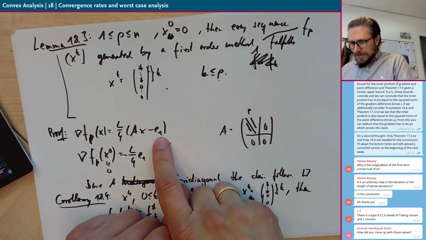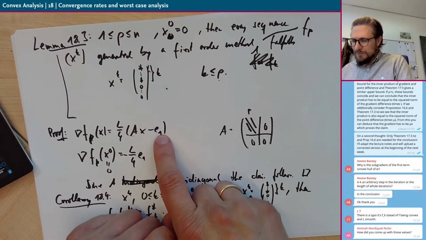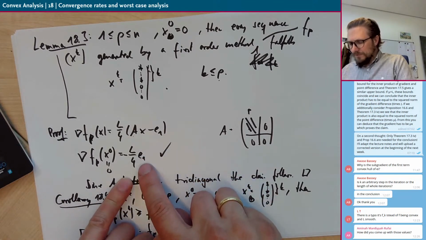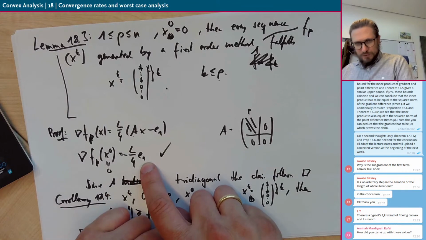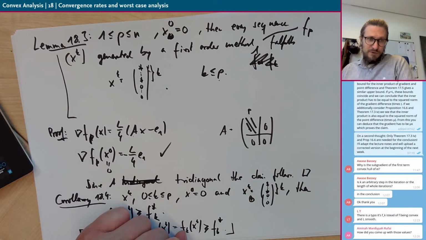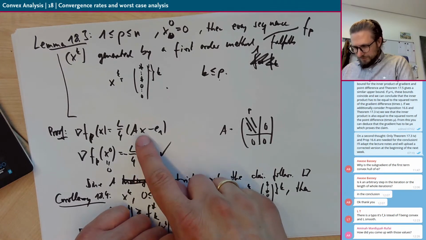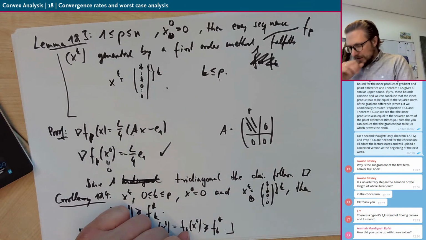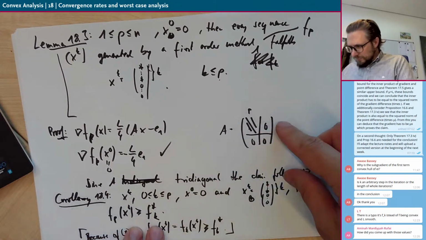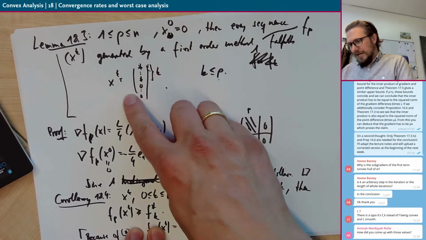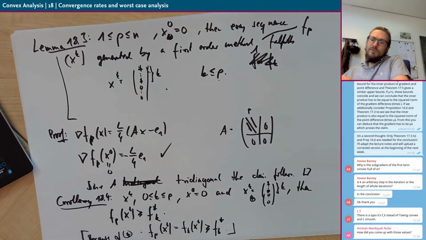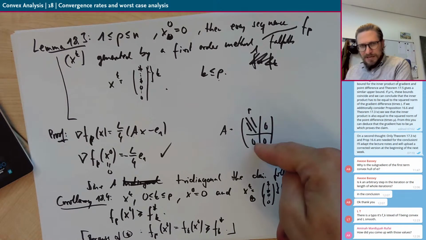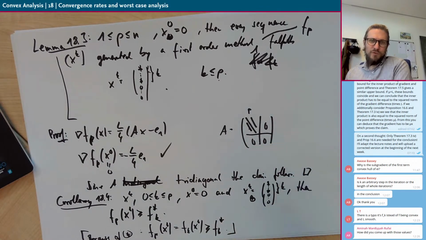The reason is that we have this e1 here, which gives us that in the first iterate, we can only get a non-zero in the first entry of x1, because if you plug in 0 here, that's the direction you need to go. From that point on, if you assume that you have an xk with non-zero entries in the first k entries, and then you multiply by A, you get another non-zero entry in the k plus first one. So it only fills up from the beginning to the end.